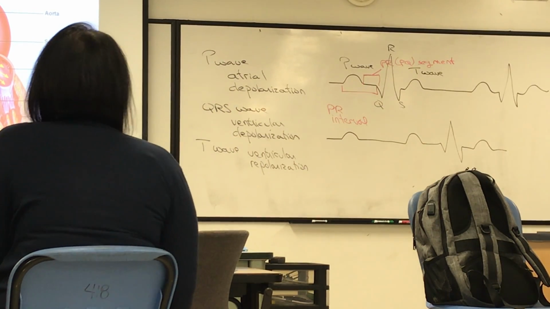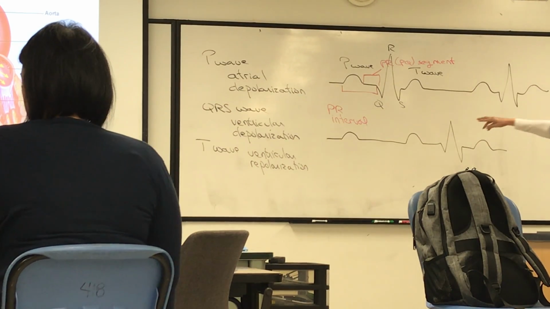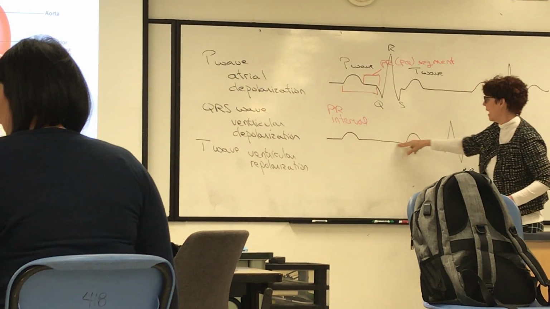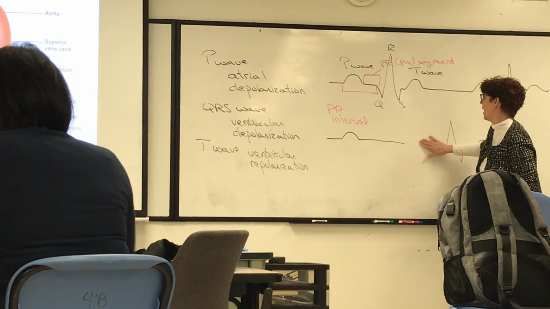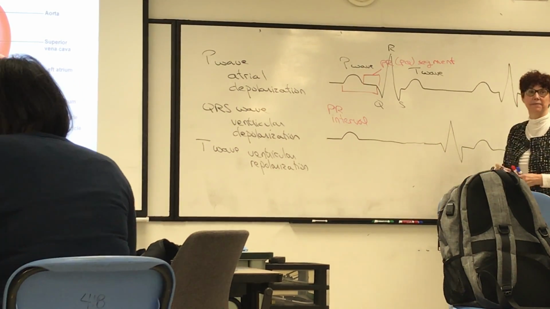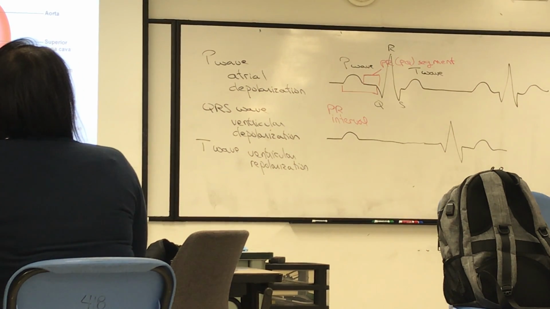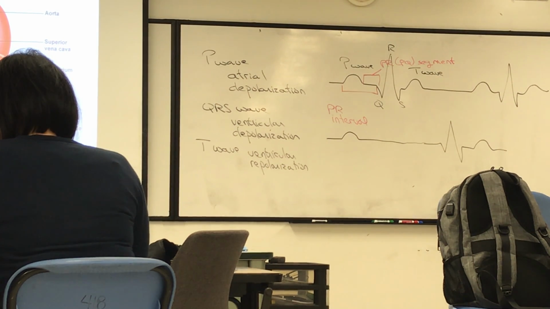That's called an AV nodal block. So what's going on here? Instead of skipping it, let's just say it just took a really long time. So what's going on when we don't see any deflection upwards or downwards? Yes? The time it takes for it to travel to the ventricle.